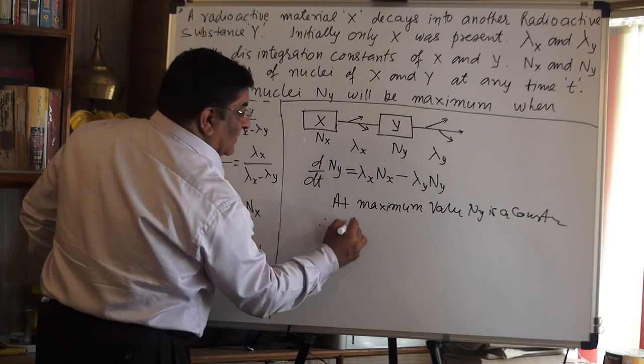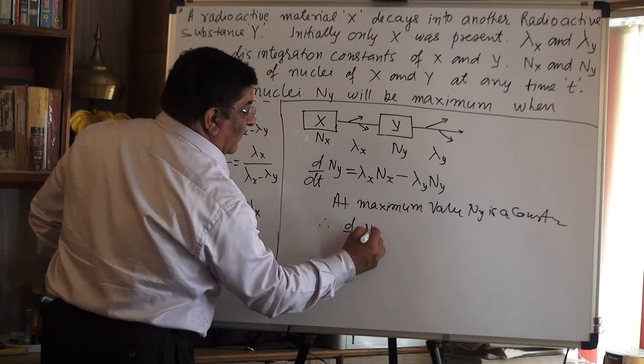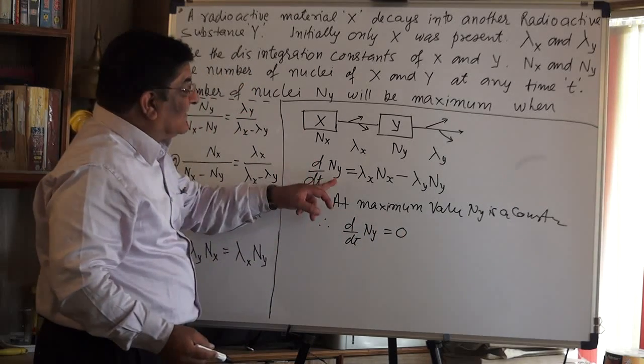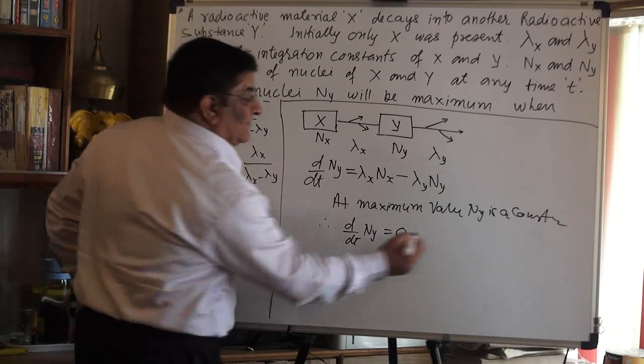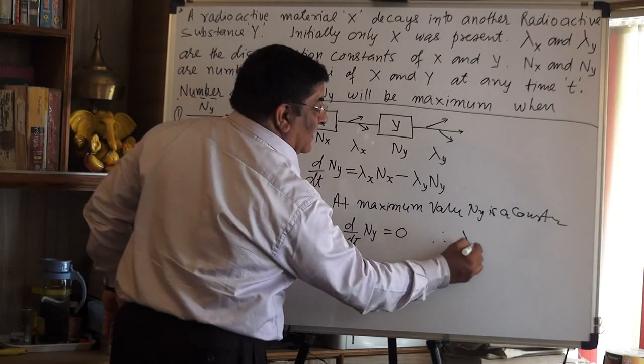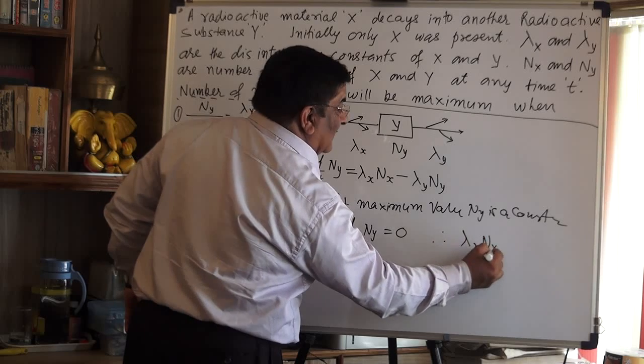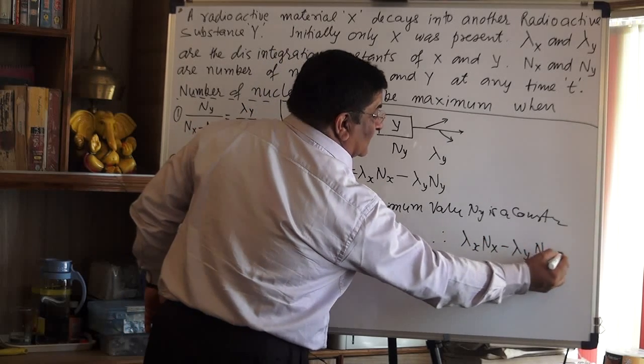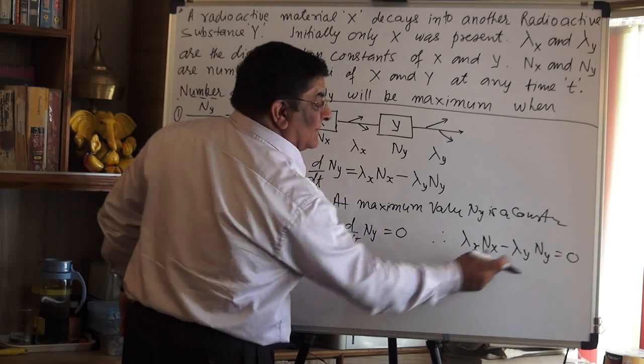Therefore, d by dt of Ny must be 0. If this is 0, that means delta X Nx minus delta Y Ny is equal to 0.